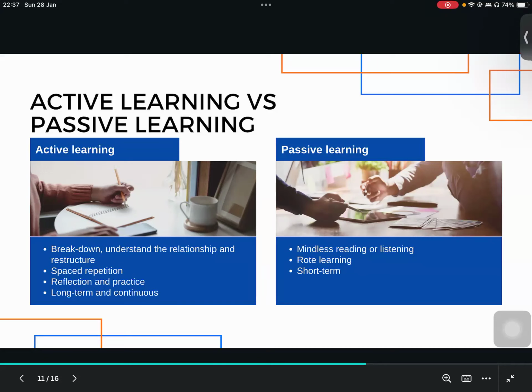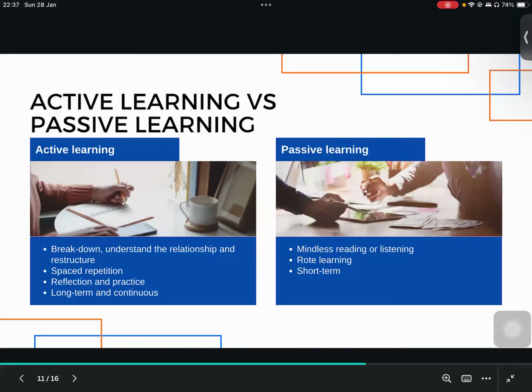So with active learning, you need to do more than just reading the study guide, reading the book, or listening to some YouTube video. With active learning, you will need a long time to prepare. You need to not just read, you need to understand and try.